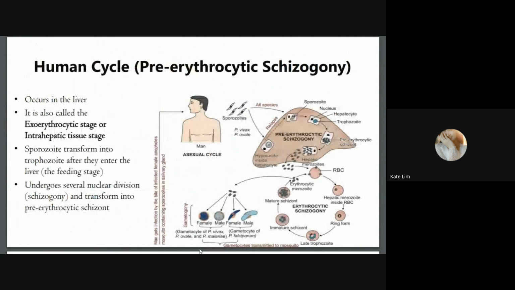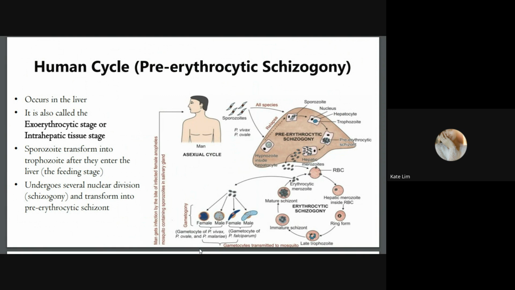So let's start with your pre-erythrocytic schizogony. It is also known as your exoerythrocytic schizogony, also known as your intrahepatic schizogony or intrahepatic tissue stage. It's just the same. So this is the moment where the sporozoites enter the liver.